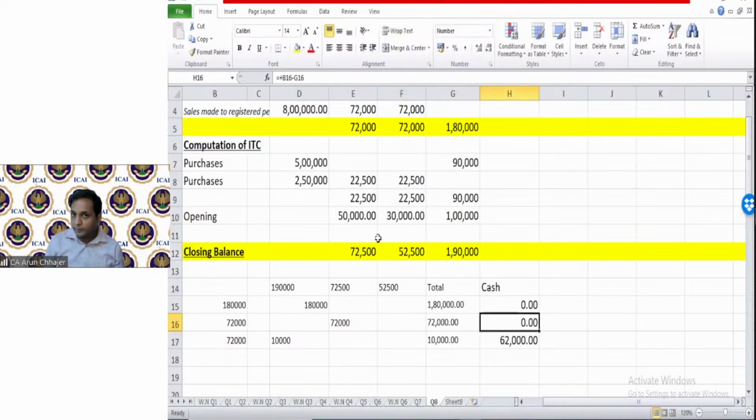Any liability to be paid in cash? No, because CGST ITC has sufficient balance. Now, they have taken 10,000 from I and they can take entire amount from S. So by this, we have to pay only 9,500 under SGST cash. So this would be the proper way of utilization.